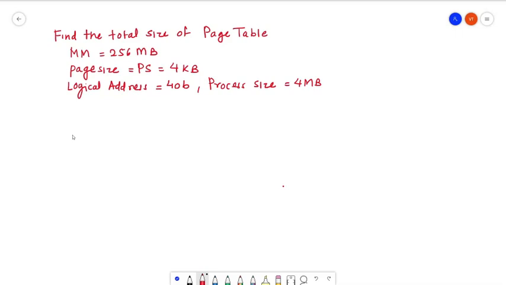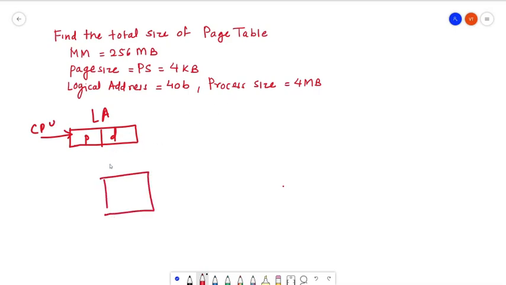Okay, so first we'll draw the diagram. This is the logical address, having page and the instruction offset. So this is your page table.